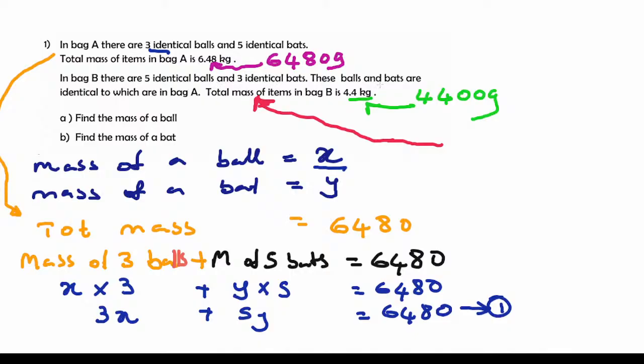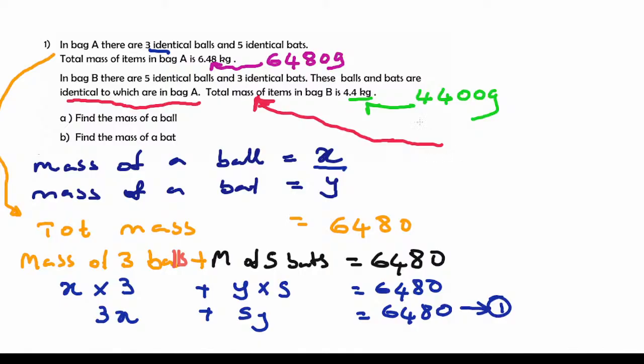These balls and bats are identical to which are in bag A. All right. So something that is identical to a ball that is there in bag A is then in bag B, and same story with bats. So I can use the same x and y, right?